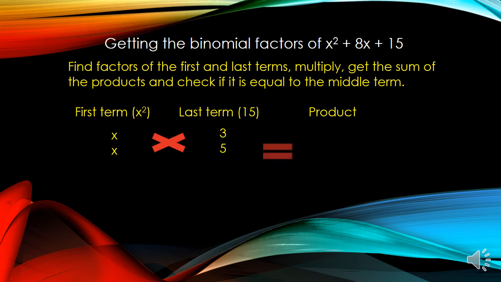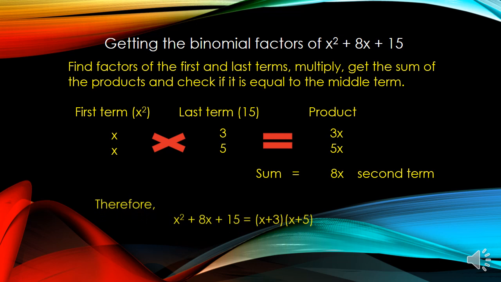So x times 3 we get 3x and x times 5 we get 5x. Get the sum of 3x and 5x. So the sum is 8x, which is exactly the second term. Therefore, x squared plus 8x plus 15, if we express in terms of its factors, it is equal to x plus 3 times x plus 5.